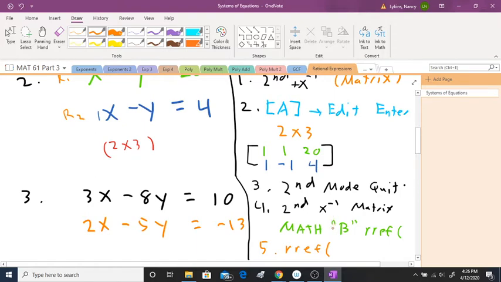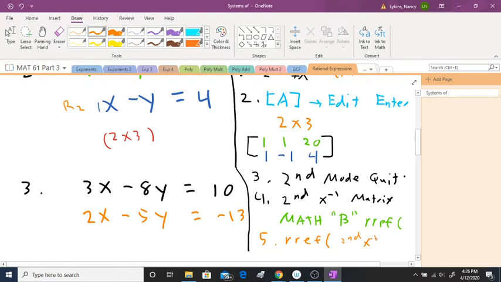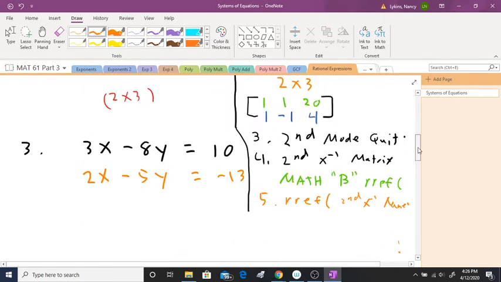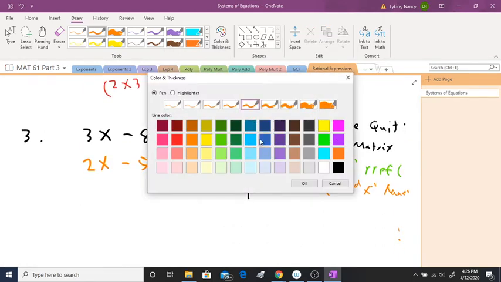Then all you have to do is go back to your matrix again, second and your x to the negative 1, and then you go to your names. You put in your A because that's what we're referencing as our matrix.